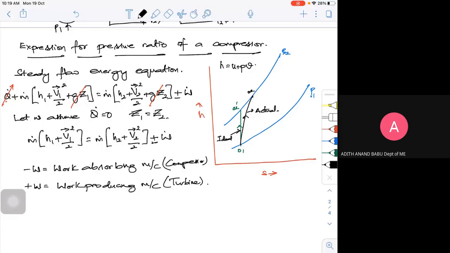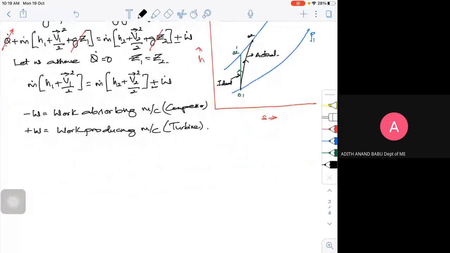So what I am going to do here is simplify this further. So what is H naught? We have seen H naught is your stagnation enthalpy, which is equal to H plus V square by 2. So I am going to write this as H naught 1 and this as H naught 2.